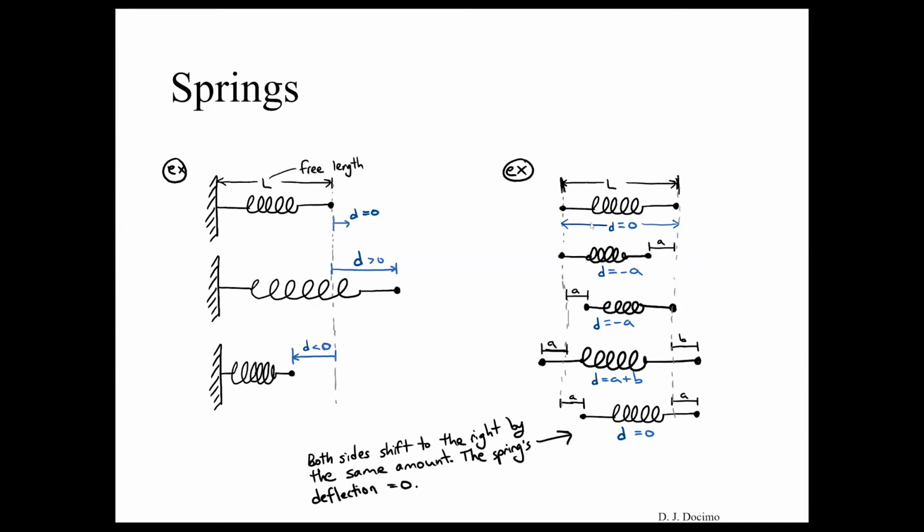It's starting out at its free length, where D is equal to 0, when the spring is at length L. If we take one side and compress it by an amount A, our deflection is going to be negative A. If we take the other side and compress it in the other direction, we also get a deformation of negative A. If we take those two points and spread them out by an amount A and B, our deformation is going to be equal to A plus B. And if we finally take these points and shift them both in the same direction by the same amount A, we get a deflection equal to 0 because the spring length hasn't actually changed. It has no deformation.